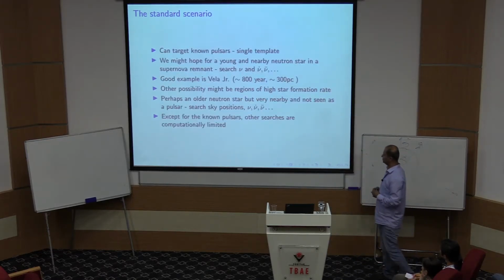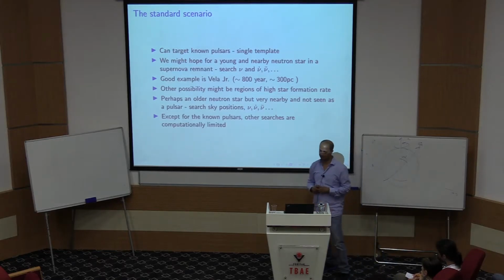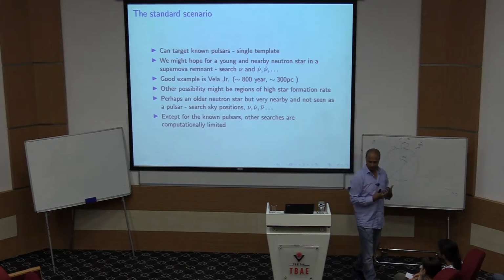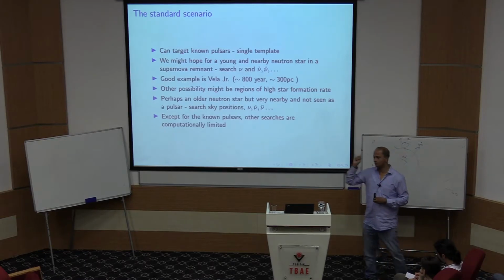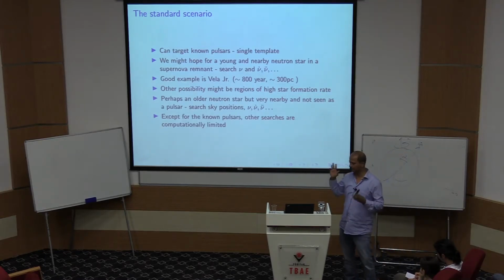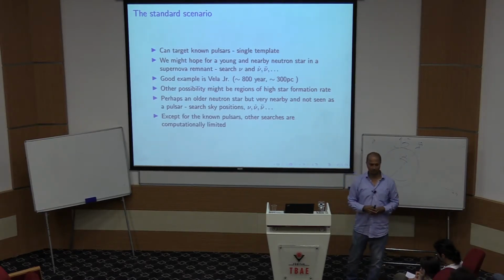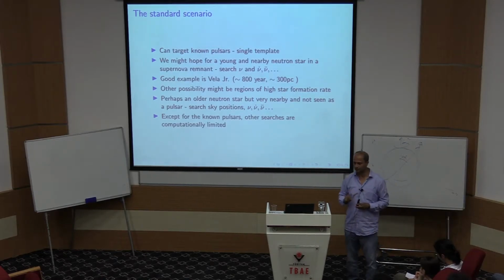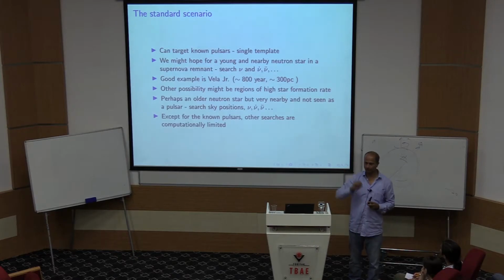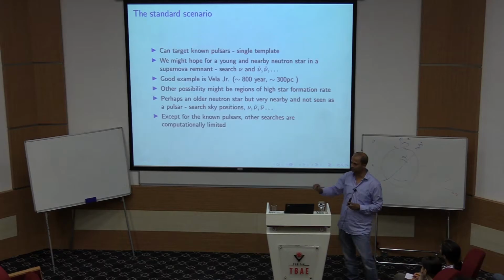So now let's try to search for systems of this kind. There are three categories of systems. There are of course the known pulsars, the famous pulsars like the Crab or Vela. For these, we know the star location, we know the frequency derivatives, so we know precisely the template we should include in the gravitational wave search.